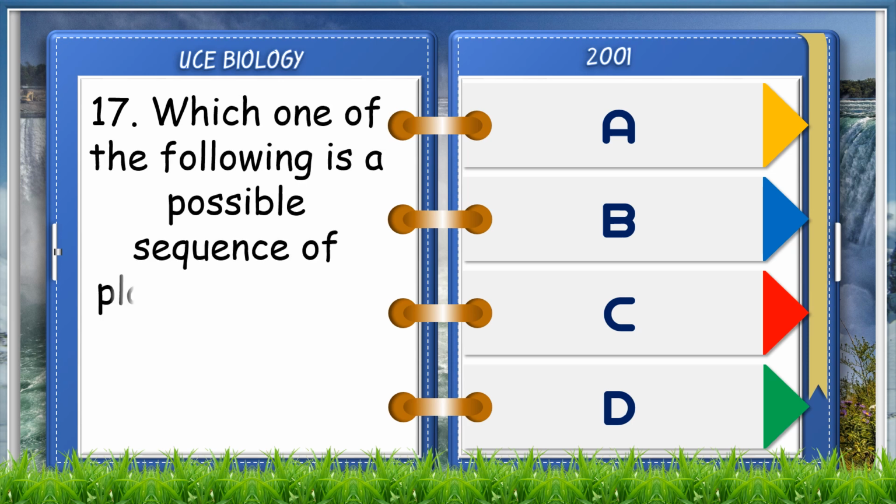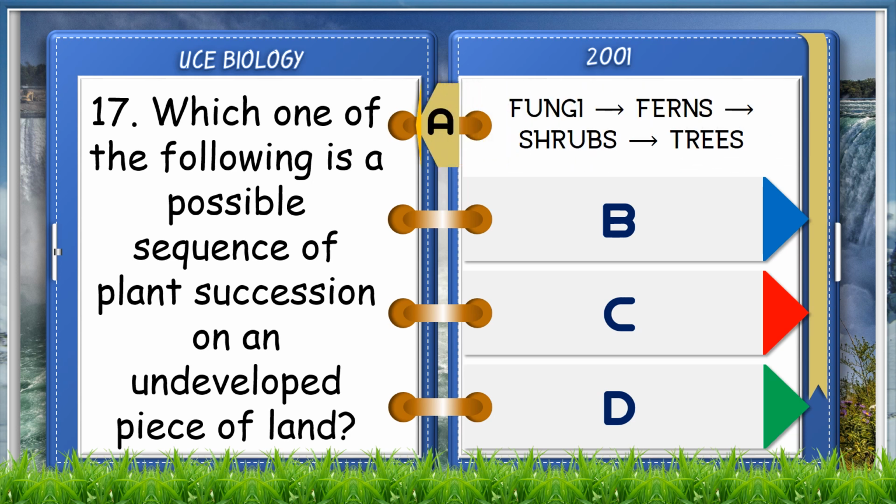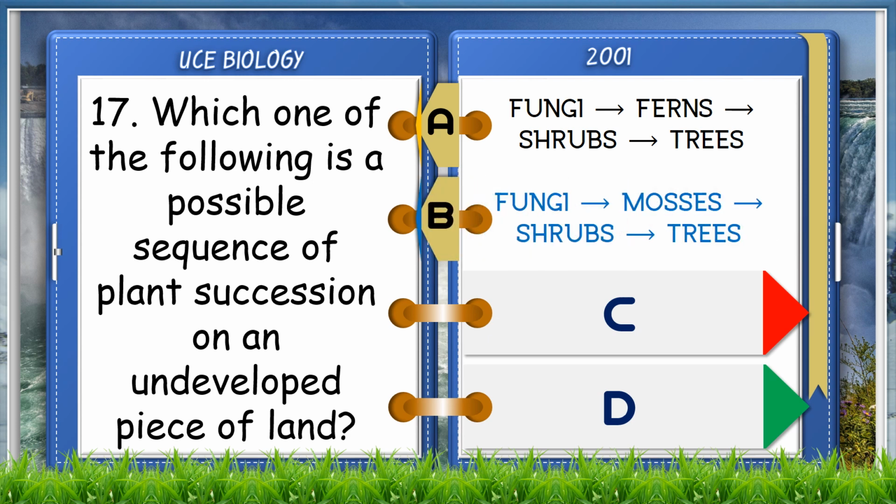Which one of the following is a possible sequence of plant succession on an undeveloped piece of land? A. Fungi, ferns, shrubs, trees. B. Fungi, mosses, shrubs, trees.